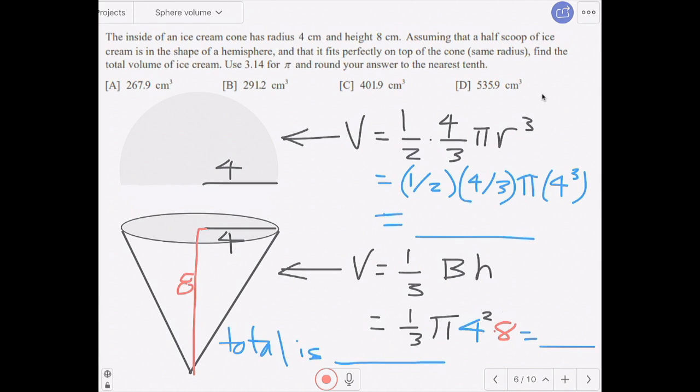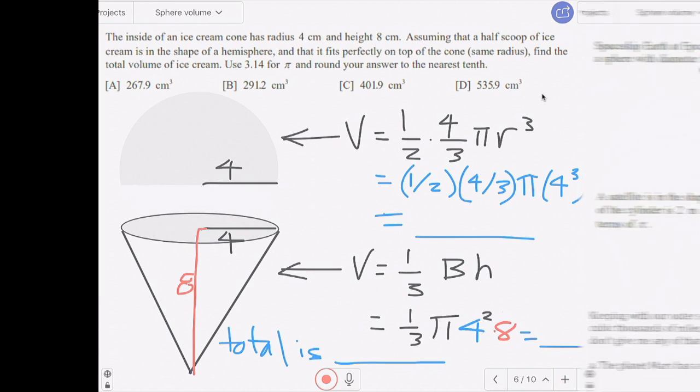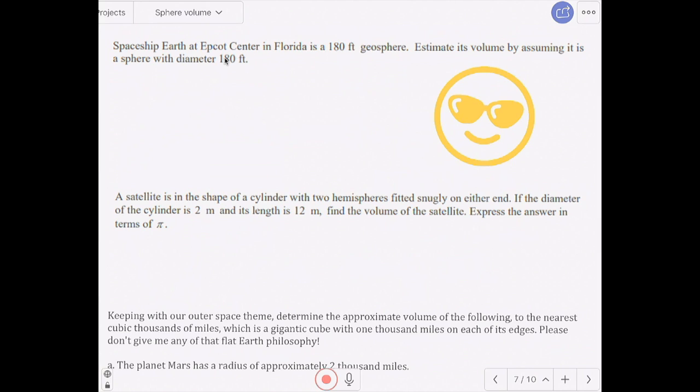And I'm just going to leave you with that to finish, trying to identify the correct answer based on all of that. If you're familiar with Spaceship Earth at the Epcot Center, it's approximately a giant sphere, and there's a ride that goes in it, and there's like a gift shop in it too, from going to Disney World years ago.